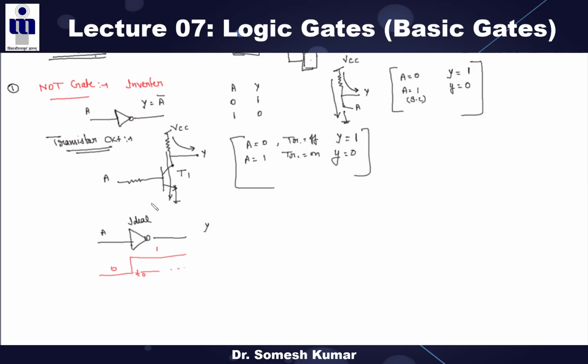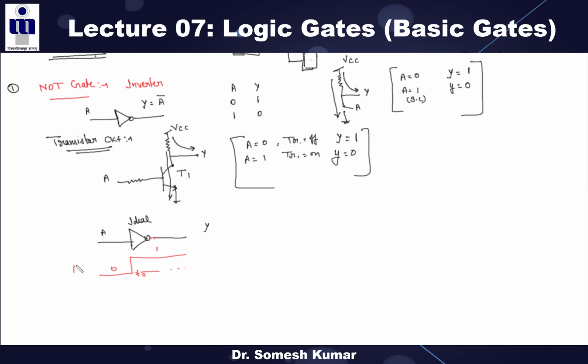In the practical case, there must be some delay in any circuit or any gate. So in the ideal condition, we are saying that the gate delay of this NOT gate is 0, meaning the time taken from the input to the output is 0, right?